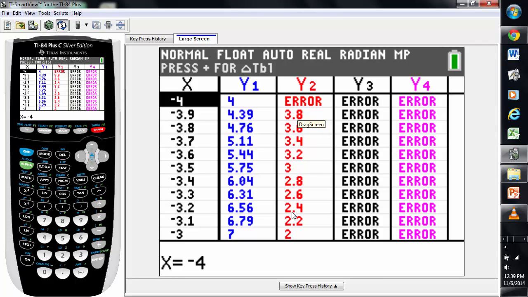So when the velocity is positive and the acceleration is negative, what do you know about speeding up and slowing down? Well, we said in class when velocity and acceleration have opposite signs, the object is slowing down. We also know that speed is the absolute value of velocity. If you take the absolute value of all these numbers, it's going down. The absolute value is decreasing. So therefore the particle is slowing down.